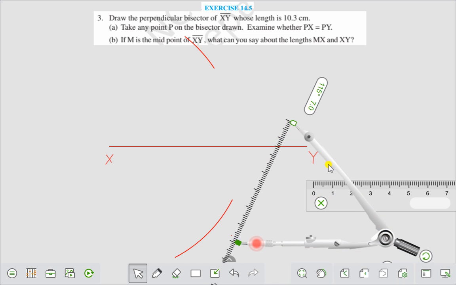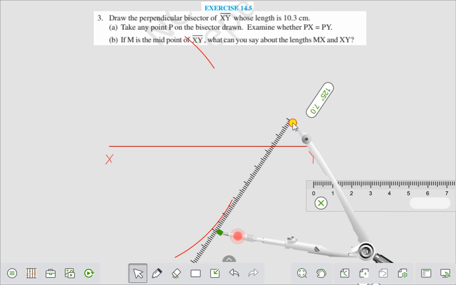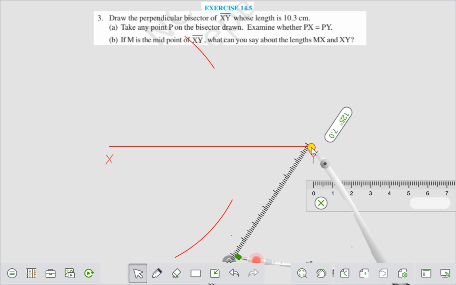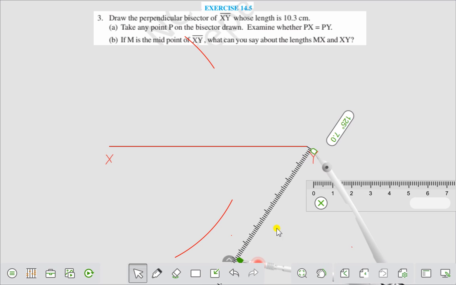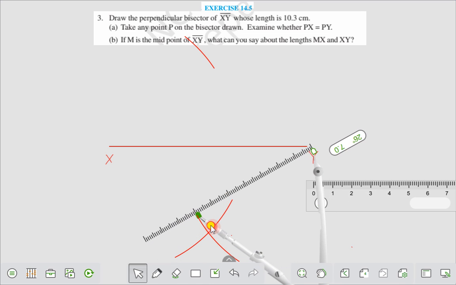Let us take the pointer at point Y, and take another curve here.